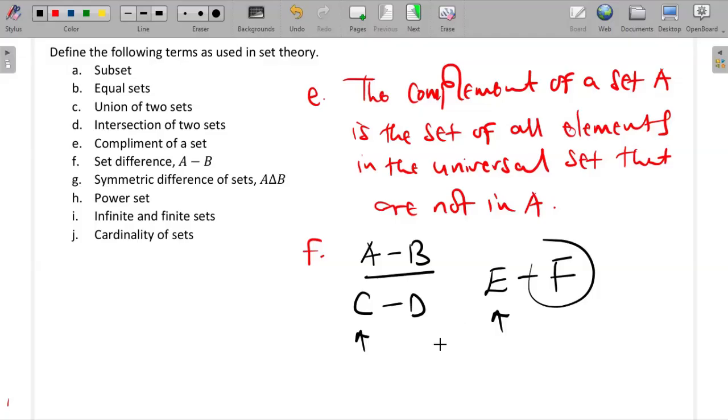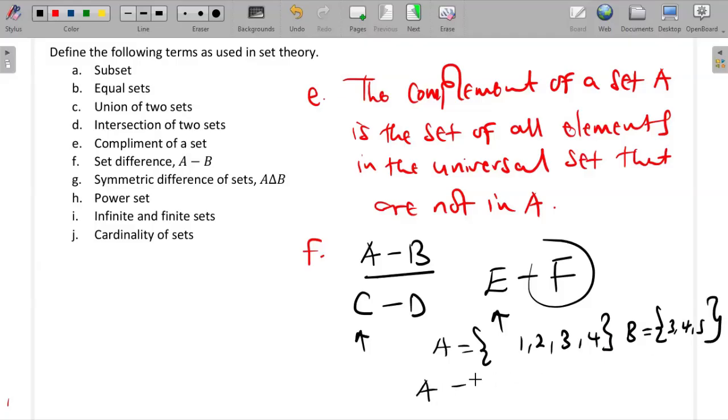Okay, so how do you find it? For example, A has 1, 2, 3, 4, and then B, let's say I have 3, 4, and then 5. So now A minus B, remember the definition that we said? We said elements that are in A but not found in B. So when I look at these elements here, which ones are just in A and not found in B?